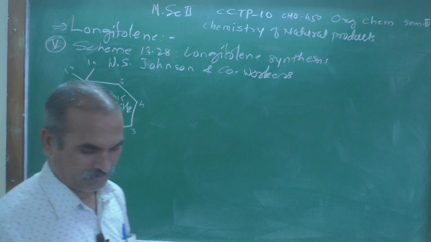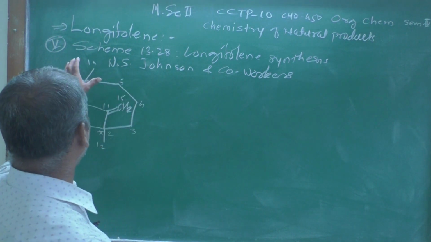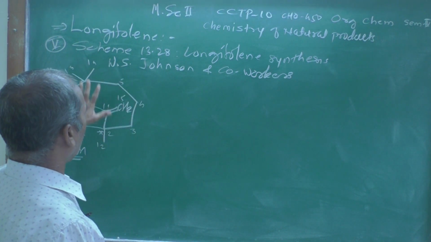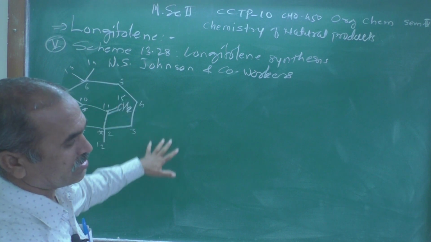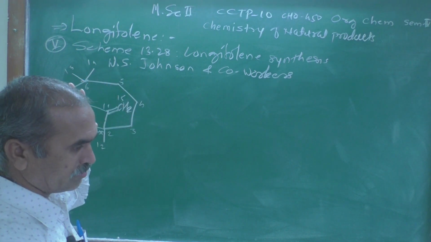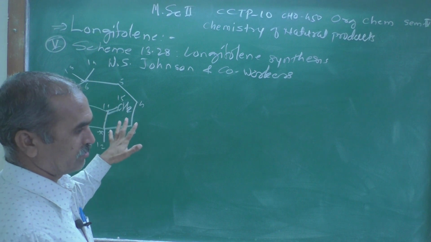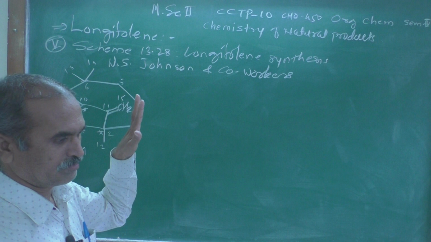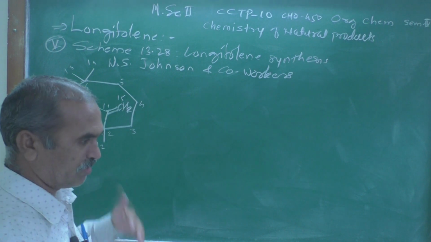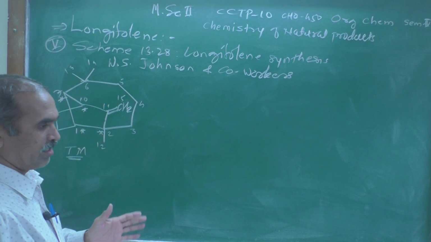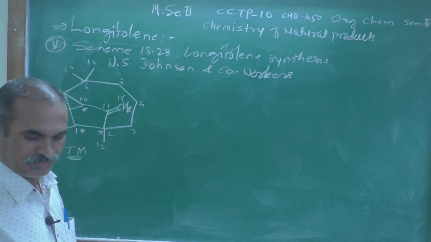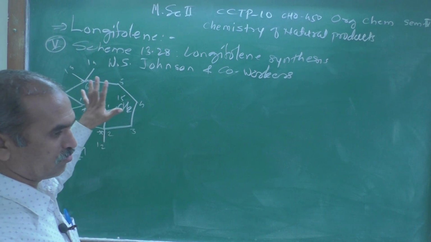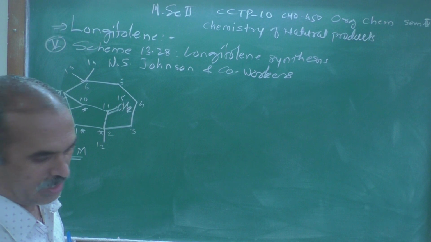It is a natural product, and this Longifolene we are synthesizing. There are 9 different ways or methods, starting with different starting materials and using different reagents, and finally we can achieve the target molecule, Longifolene, in the laboratory.